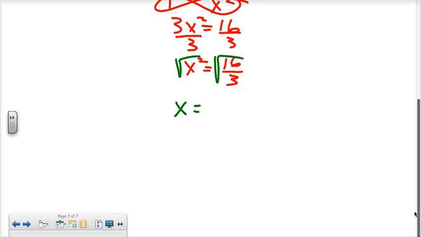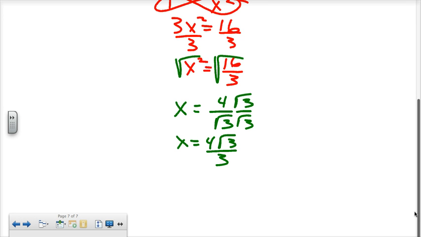And that will be the square root of 16 is 4 over the square root of 3. Then we would go ahead and rationalize the denominator, and we would get 4 square roots of 3 over 3. But they did tell us we could go ahead and round this to the nearest 10,000th, so we could just punch in 4 divided by the square root of 3 anyway. So x is approximately 2.3094. The next decimal we see there is 0, so we will keep that 4 as is for that problem.